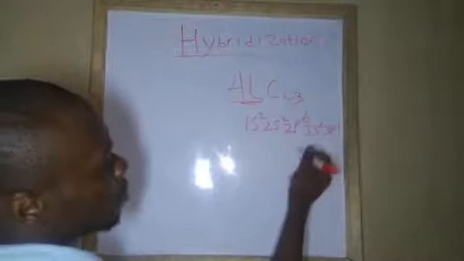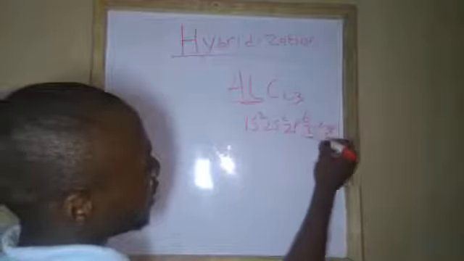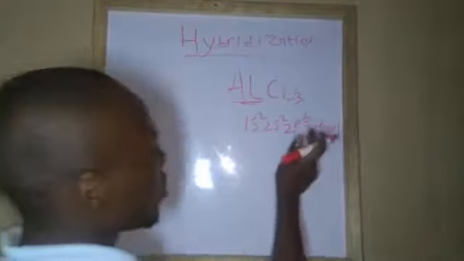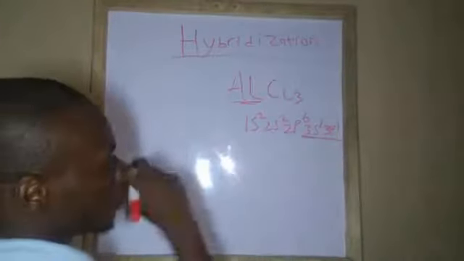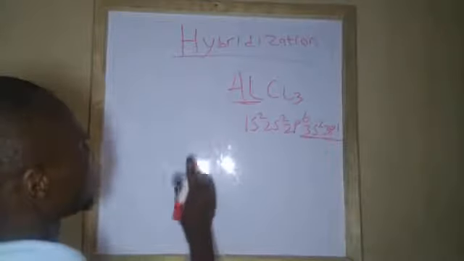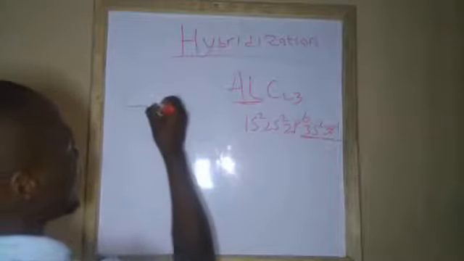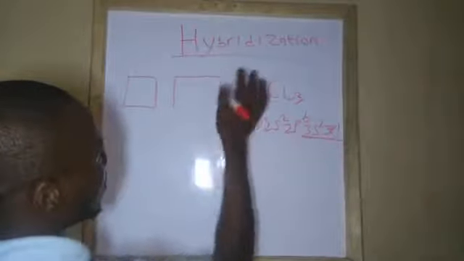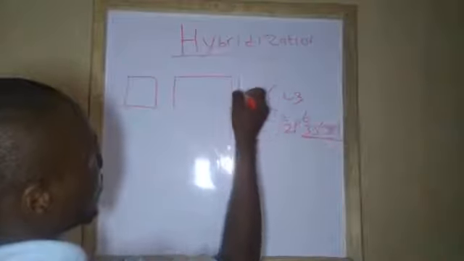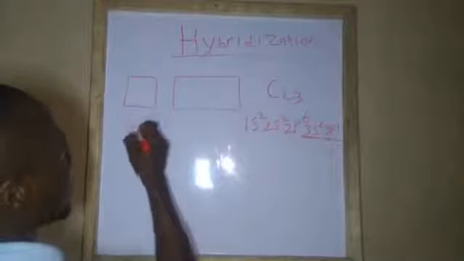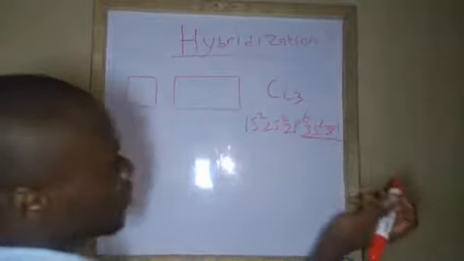We only have an issue with this 3s and 3p. So now let's do the electronic configuration of AlCl3. What do you do? Draw your orbitals. This is your 3s, 3s2.